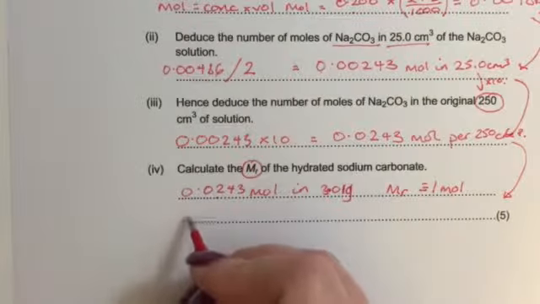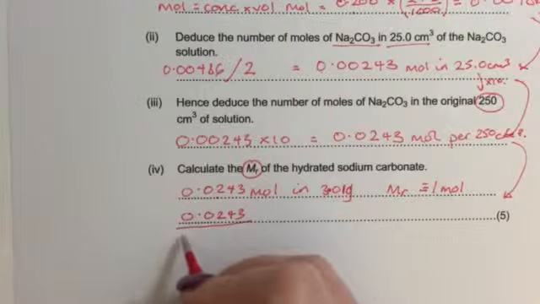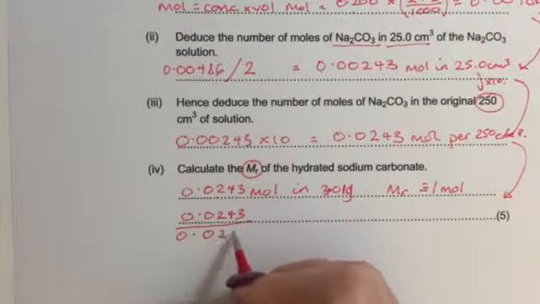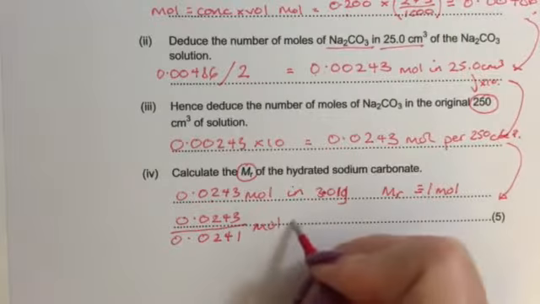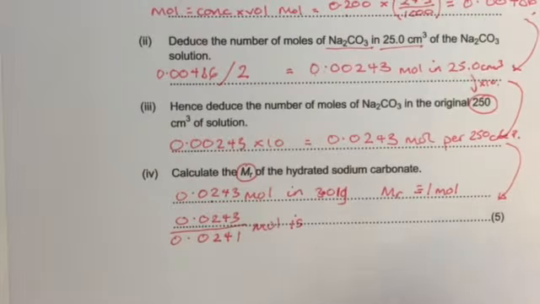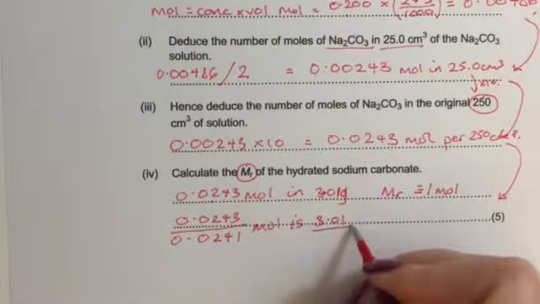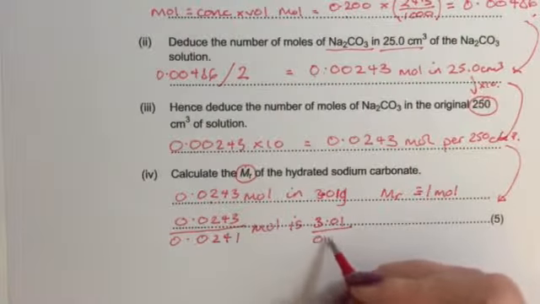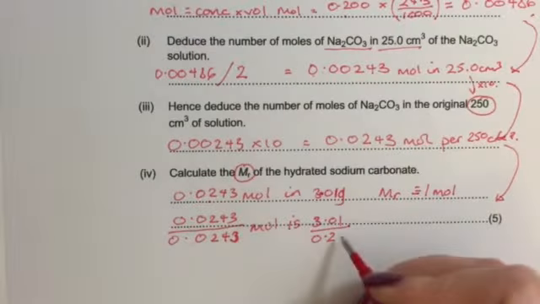So to make this number 1, you simply divide it by itself. Okay, and then you'd have to do the same on the other side. So 3.01 divided by 0.0243.